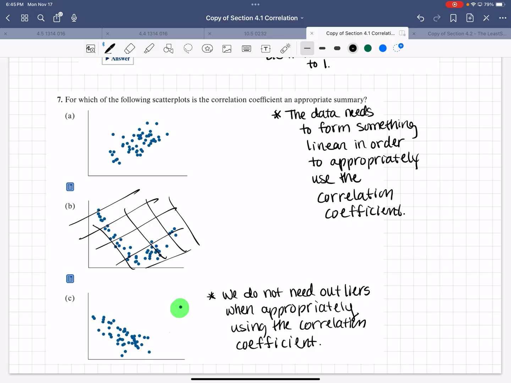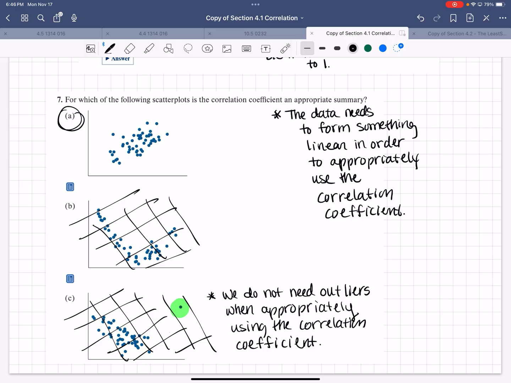And so C is going to skew that linear regression and will skew that correlation coefficient because of that one little outlier flying out there. So it's not appropriate either. We can't really use the correlation coefficient on that one, so that just leaves me with A. Okay? That is 7.